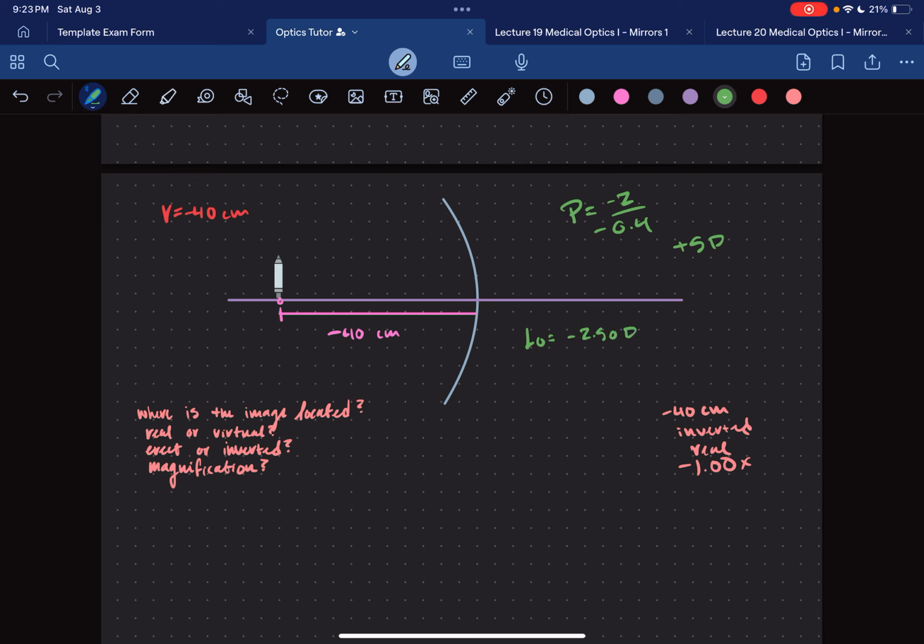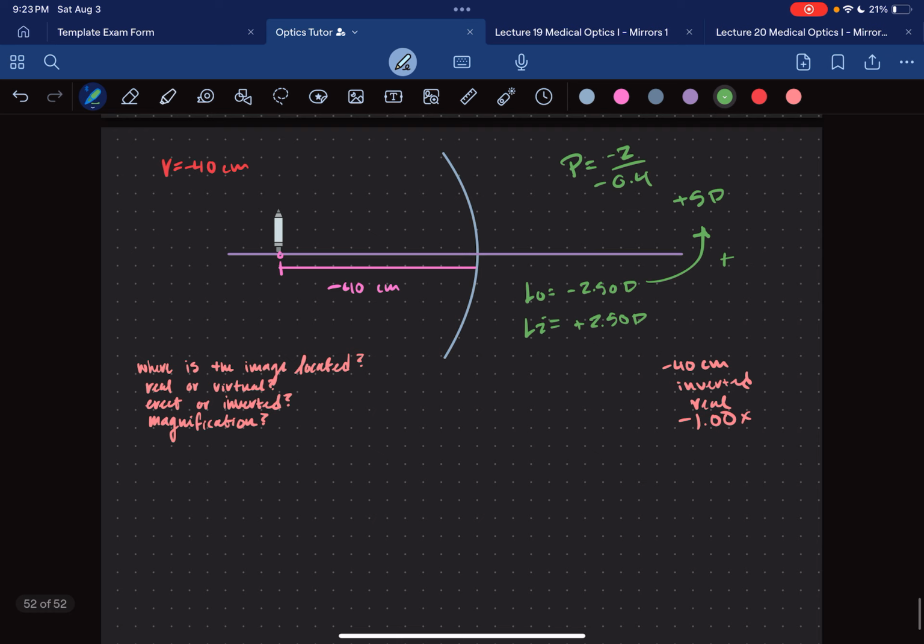-2.5 diopters. Then I'm going to add that to get our image divergence of +2.5 diopters. And again, you can do this with either -n/li to get the distance of your image, or just remember that since light's traveling this way after reflection, this will be positive, this will be negative, whatever you want to do.